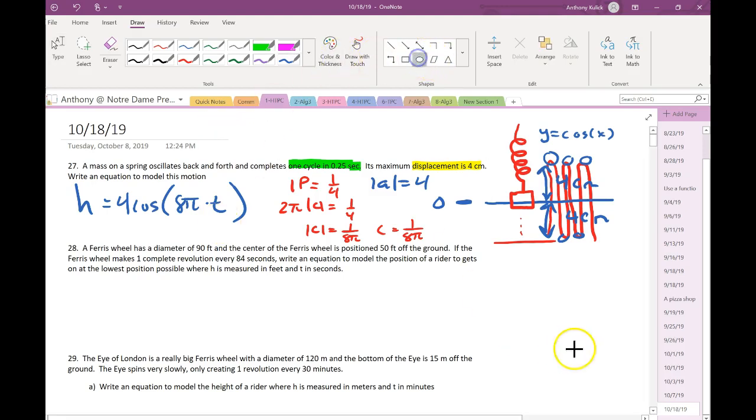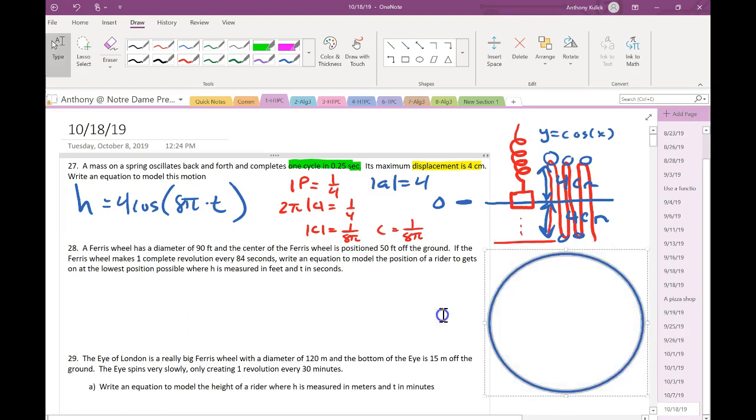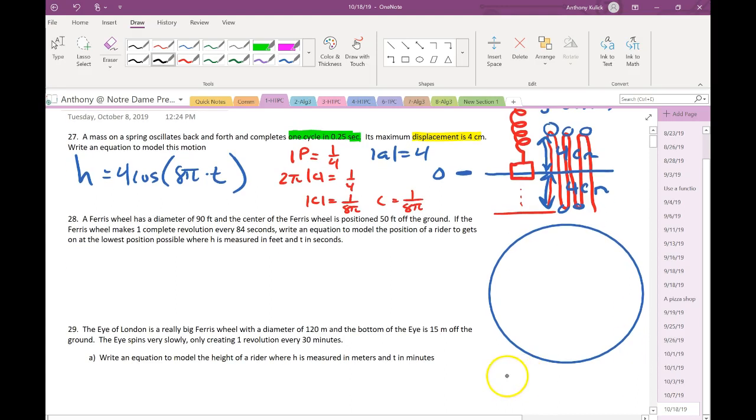28. Oops. So it says that a Ferris wheel has a diameter of 90 feet and the center is positioned 50 feet off the ground. So I know this distance here is 50.